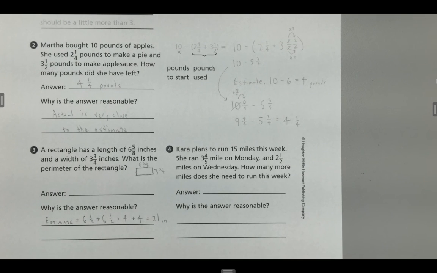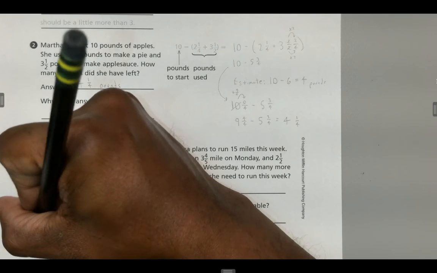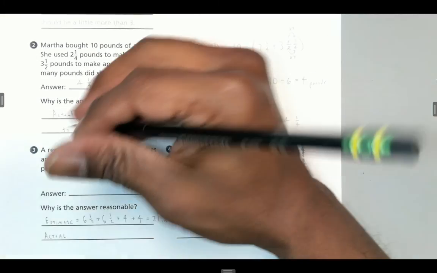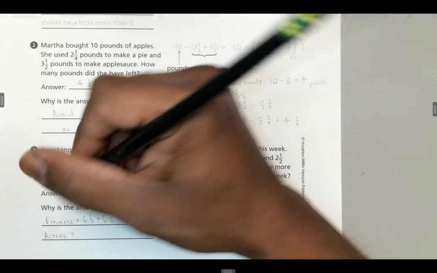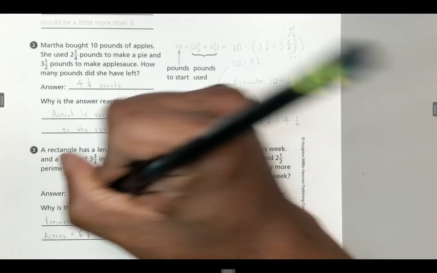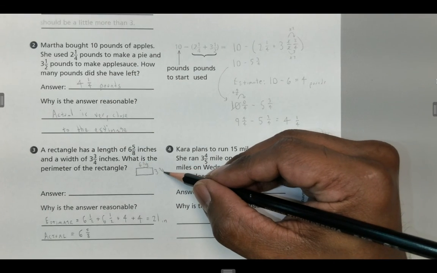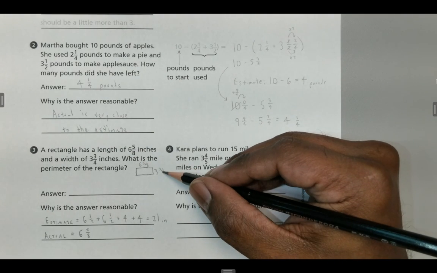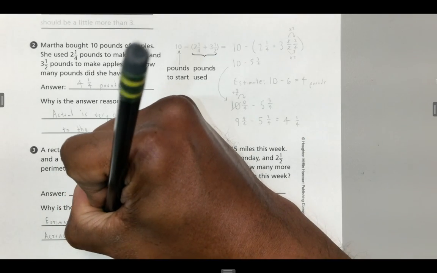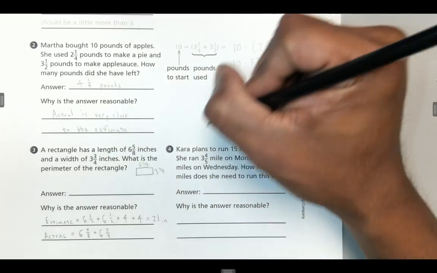Now, let's come up with the actual. So the actual, I need to use a common denominator. In this case, the denominators are the 8 and the 4. Will the 8 work for the 4? Yes, it will. So I can leave 6 5/8 as it is.